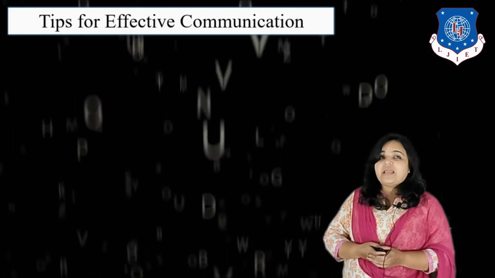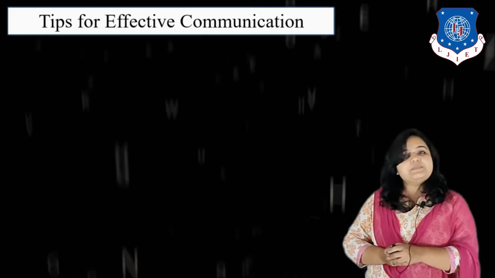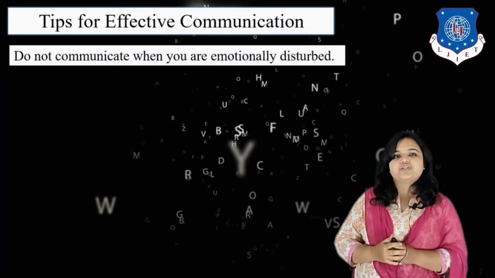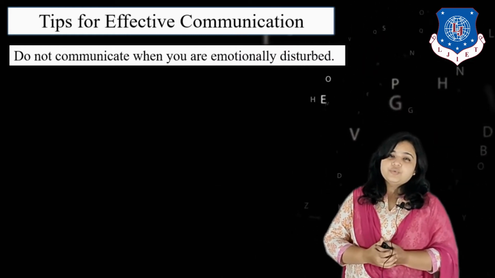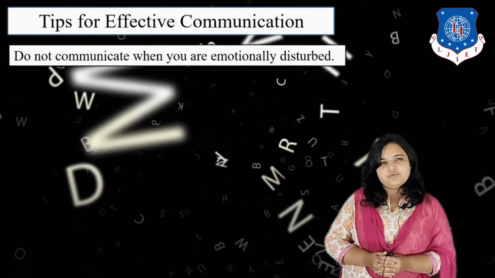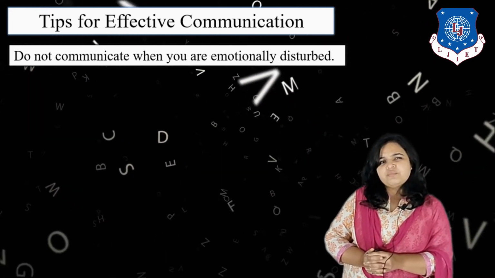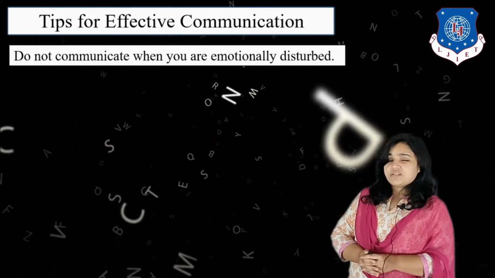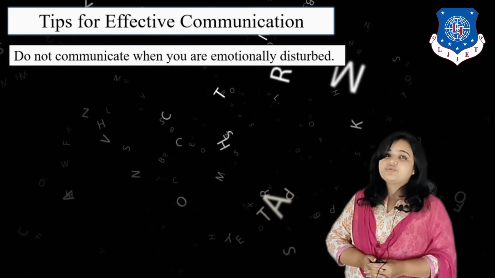Lastly, I would like to give you some of the tips for effective communication. First is, do not communicate when you are emotionally disturbed. I told you the best is not to talk when you are emotionally disturbed. When you are emotionally disturbed, instead of leading to a miscommunication or instead of speaking some things which you don't mean, better is stay quiet.